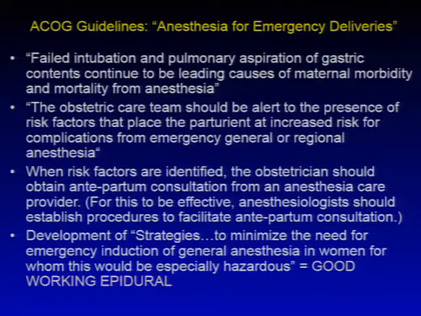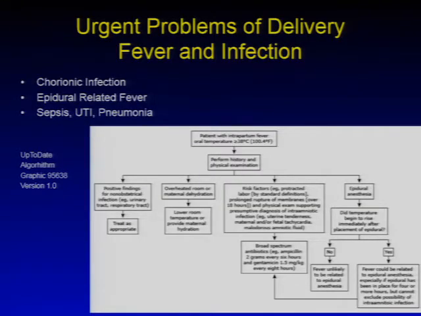When risk factors are identified, the obstetrician should obtain antepartum consultation with the anesthesia care providers and develop strategies to minimize the need for emergency induction of general anesthesia in women for whom this could be very hazardous. That translates generally into a good working epidural, and is the policy of most high-risk centers.